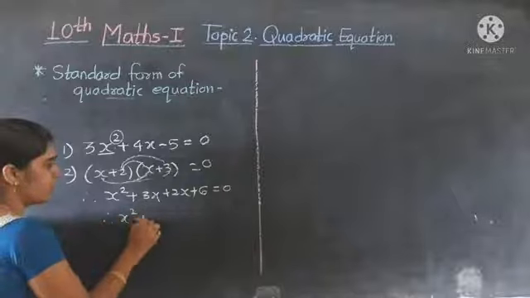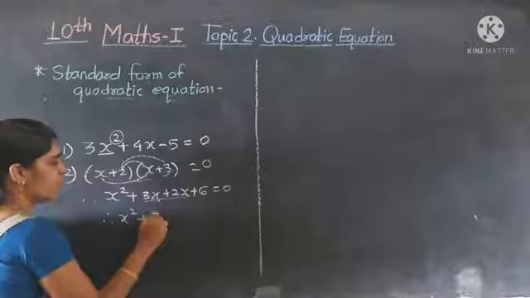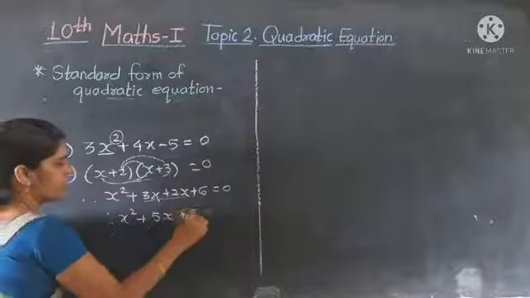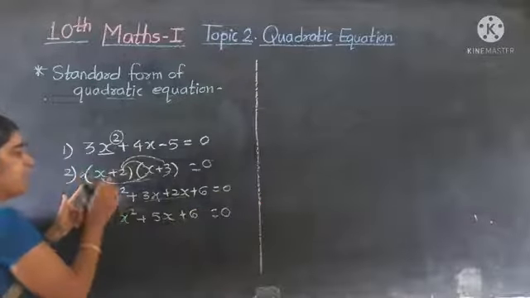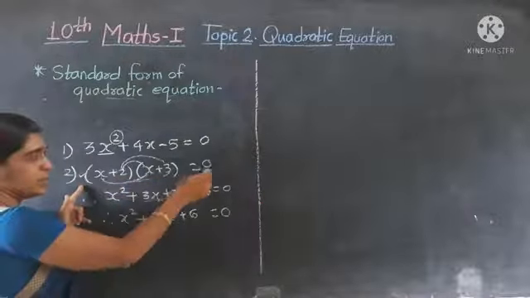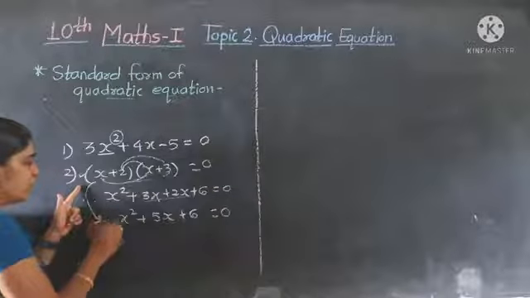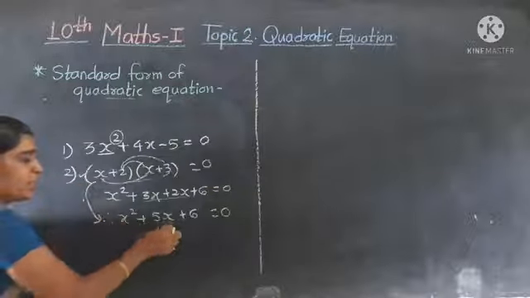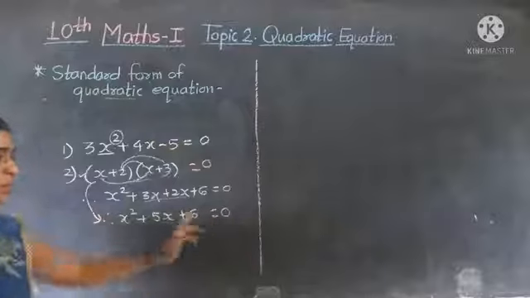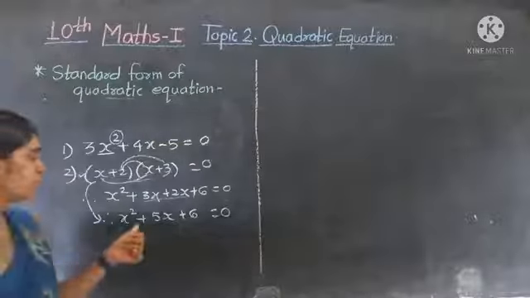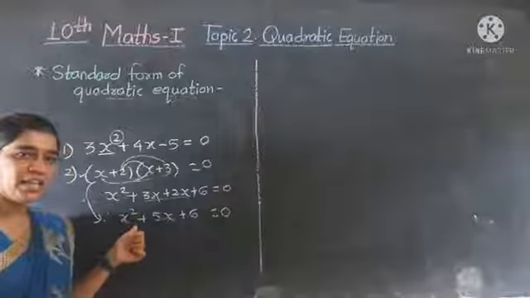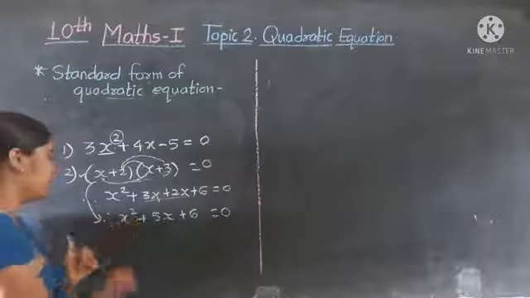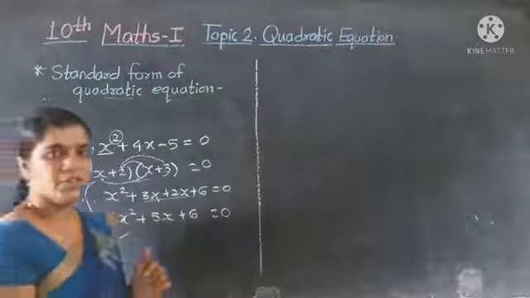That is x square plus 3x plus 2x is 5x plus 6 is equal to 0. See, the given example is x plus 2 into x plus 3 is equal to 0. But we convert this into x square plus 5x plus 6 is equal to 0. So from this you see that the variable present is x and its degree is 2. Therefore, it is a quadratic equation.